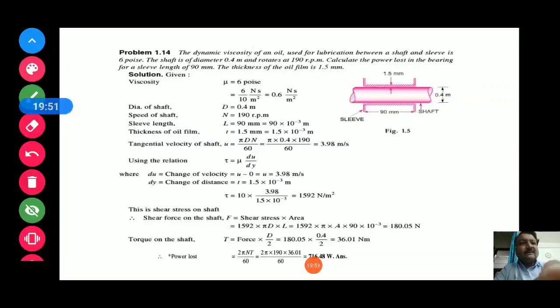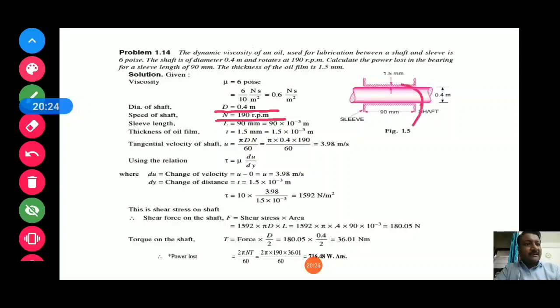So firstly we see the given data. Dynamic viscosity is given as 6 poise, so mu is equal to 6 poise. Convert this into Newton second per meter square, so divide this by 10, so it will be 0.6 Newton second per meter square. Then the diameter of the shaft is 0.4 meter, and the speed of the shaft is 190 rpm.